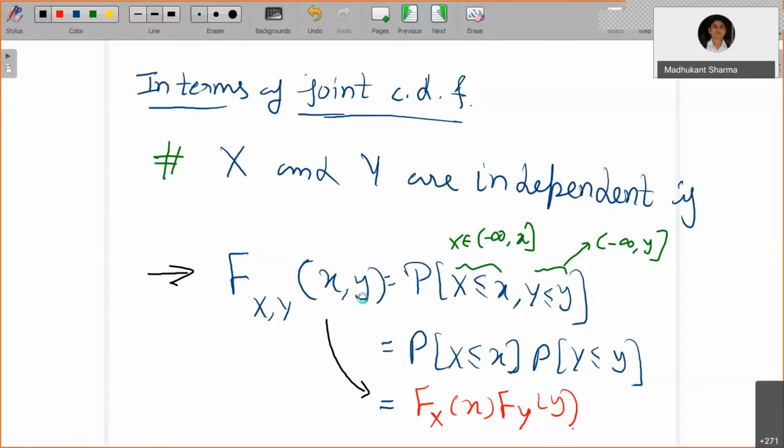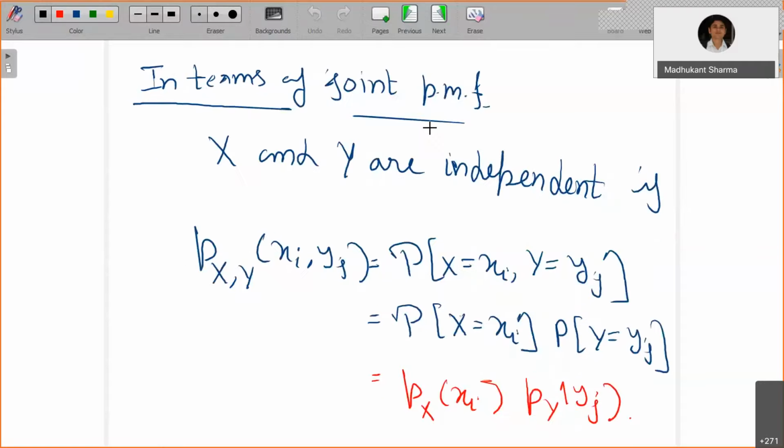Now similarly you can define it for the joint PMF. The probability mass function, by definition, is the probability of x equals xi, y equals yj, that is p of x comma y at (xi, yj), where i and j are index sets, and xi and yj are the respective values of x and y from the range space. If x and y are independent, then this equals the probability of x equals xi times the probability of y equals yj, because of the independence.